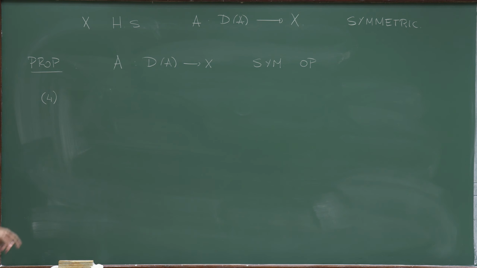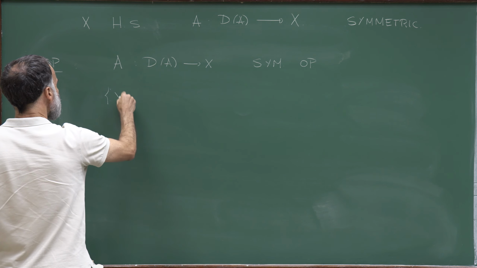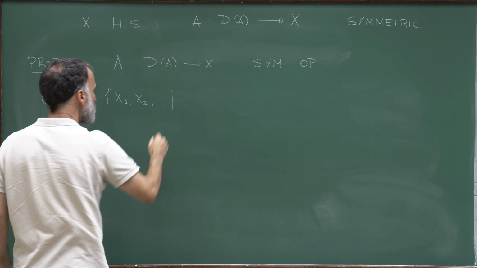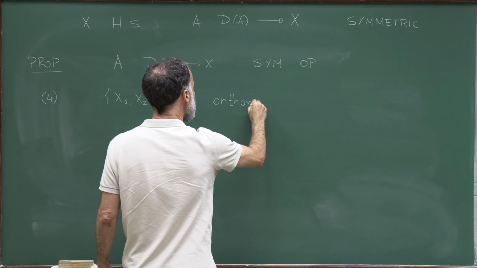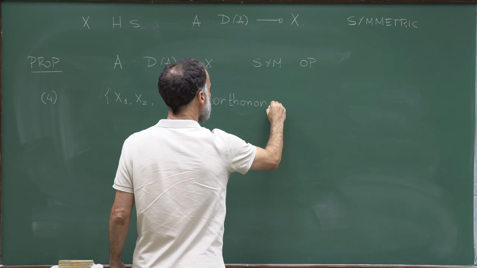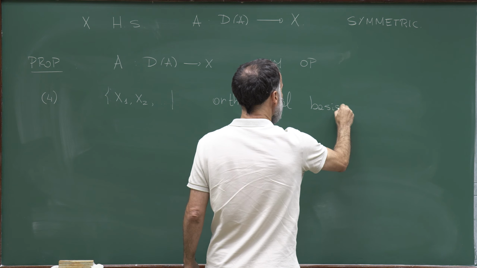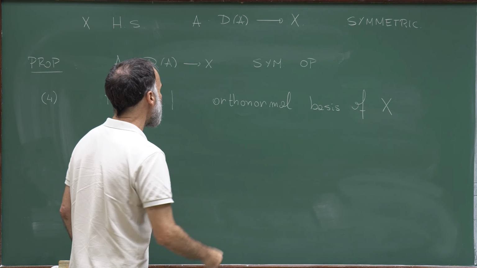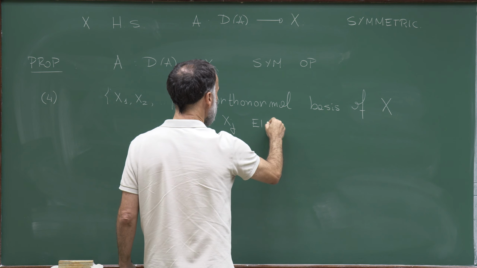The last claim is the following. Assume that we have a basis x1, x2, and so on, that this set forms an orthonormal basis of X, and assume that these xj are all eigenfunctions.